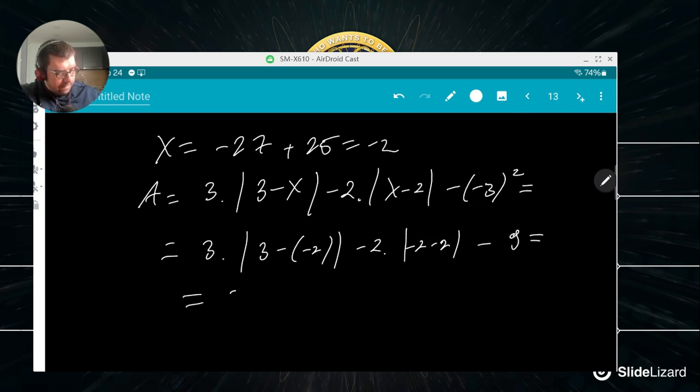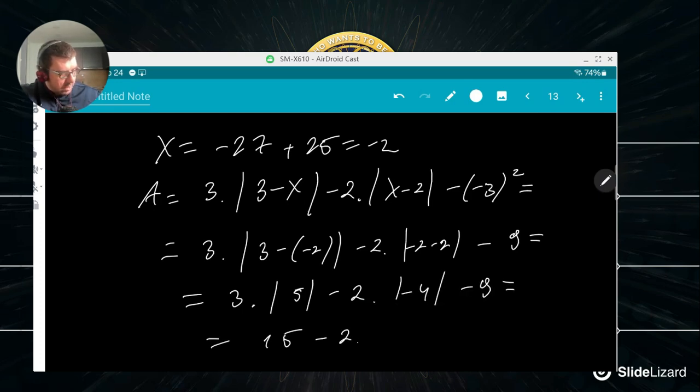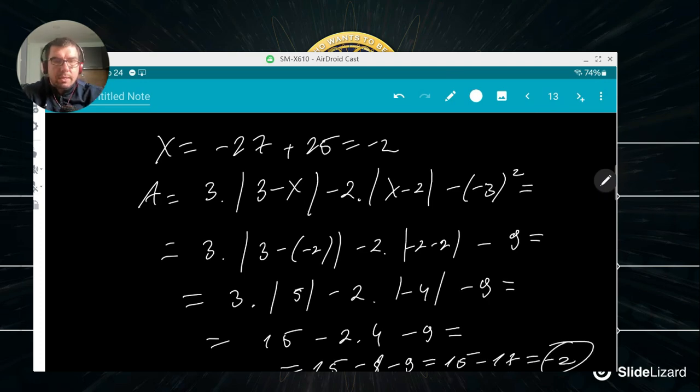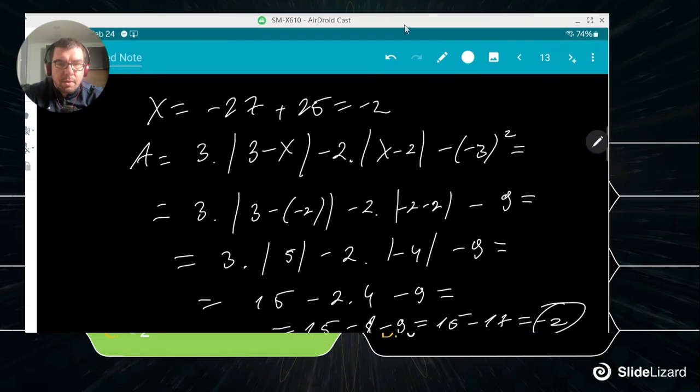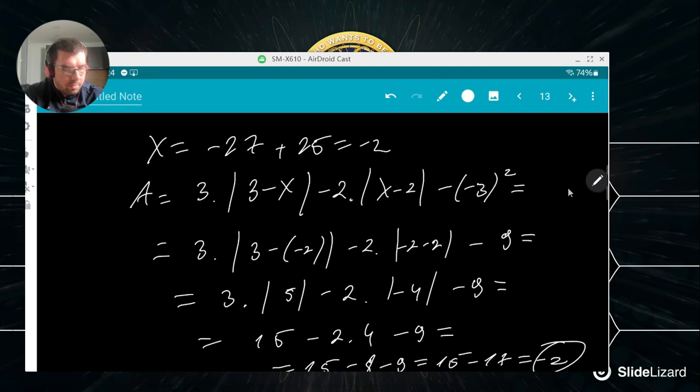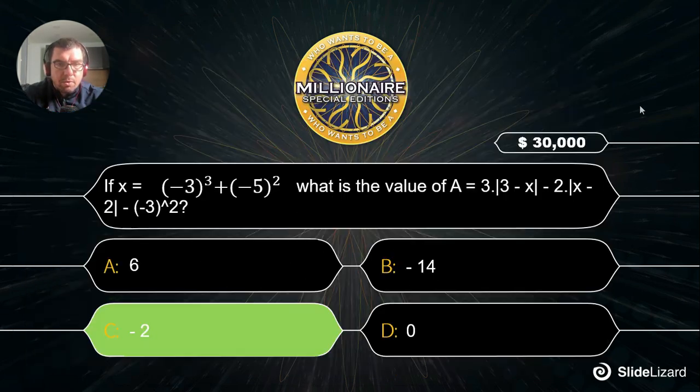So 3 times modulus of 3 plus 2, which is 5, minus 2 times modulus of minus 4, minus 9. 15 minus 2 times 4 minus 9, which is 15 minus 8 minus 9, which is 15 minus 17, which is minus 2, and that's the answer. Okay, let's go to the next one.